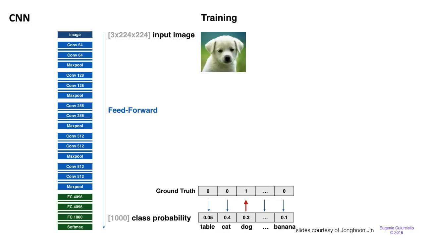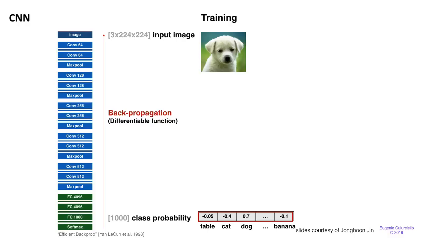Ground truth says, this is a dog and it's actually nothing else. So you subtract the ground truth probabilities from the class probabilities, and then you get an error. We get an error that we can then backpropagate through differentiable functions, exactly like we've done for MLP.